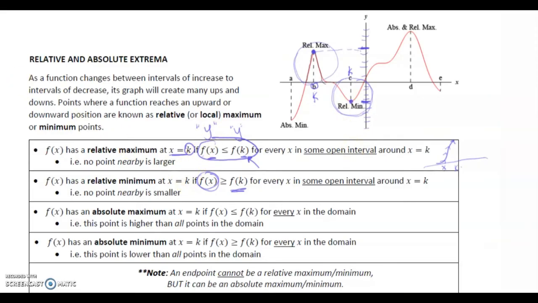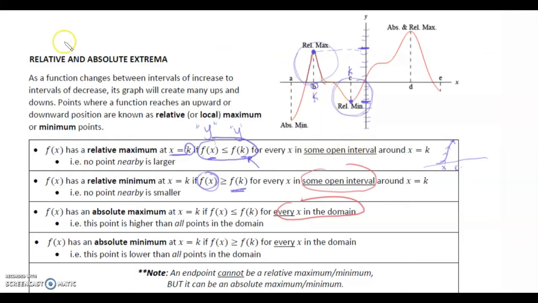Okay, so now when we talk about an absolute maximum and an absolute minimum, it's the exact same thing except it's on every x in the domain. So we originally just had some open intervals around that number, but now we're going to talk about every x in the domain.